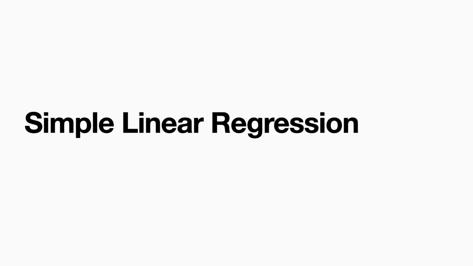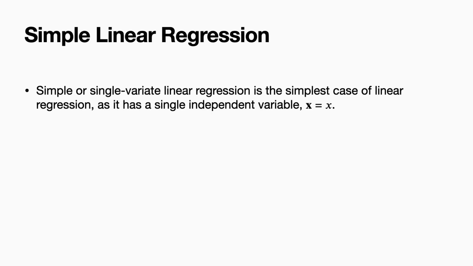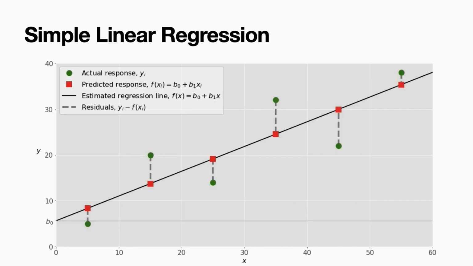Simple linear regression. Simple or single-variate linear regression is the simplest case of linear regression, as it has a single independent variable, x = x. The following figure illustrates simple linear regression. When implementing simple linear regression, you typically start with a given set of input-output (x, y) pairs.